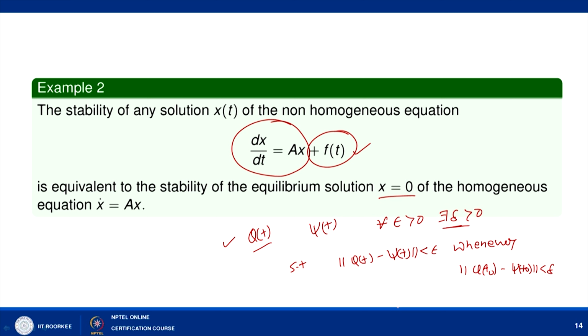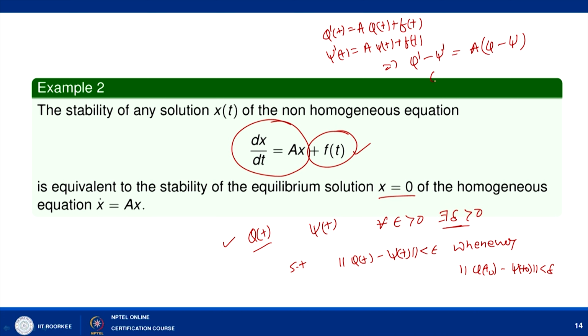But just observe that if phi(t) is a solution of dx/dt = Ax + f(t) and psi(t) is also a solution, then phi(t) minus psi(t) will be a solution of the linear part, dx/dt = Ax. Simply, phi'(t) = A phi(t) + f(t) and psi'(t) = A psi(t) + f(t), so phi' minus psi' is equal to A(phi minus psi), and that is all.